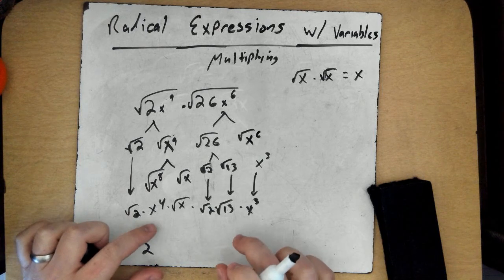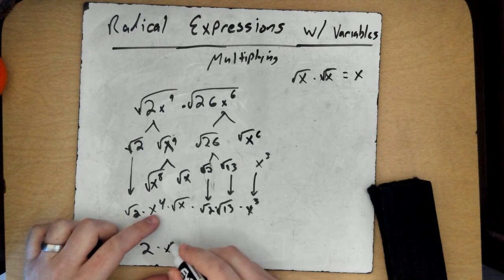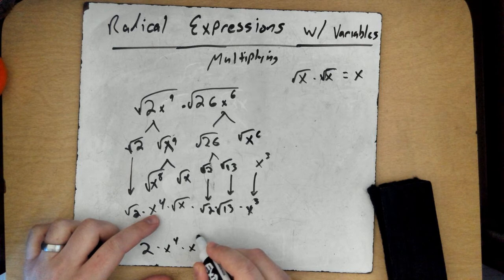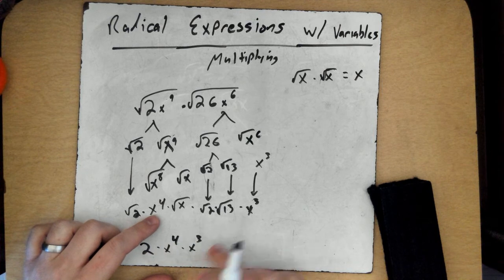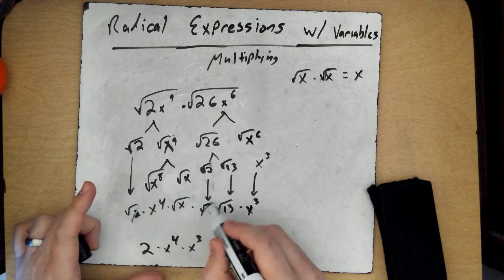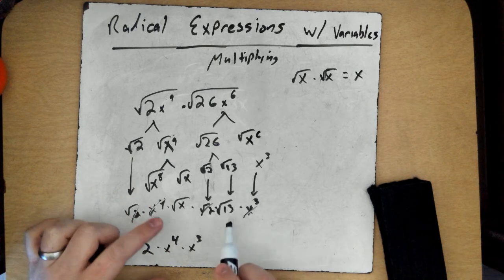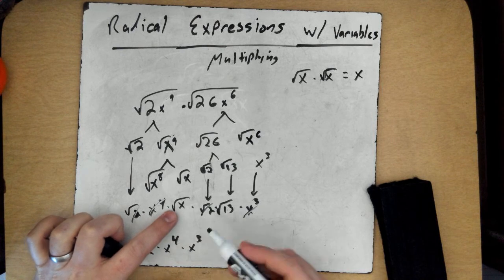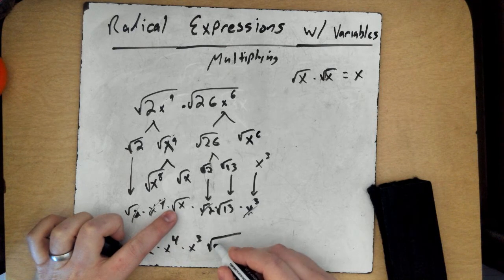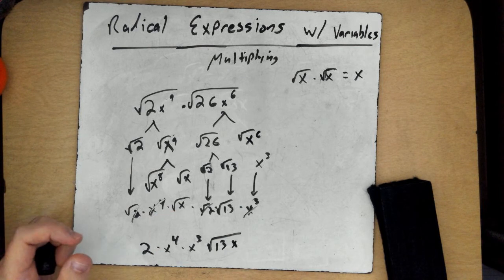Now look at our x to the 4th and x to the 3rd outside with no square root symbol, right? So we have those, we have these, and then what's left underneath the square root? We have x and 13 underneath the square root symbol. So underneath the square root symbol, we have 13 and we have x, right?